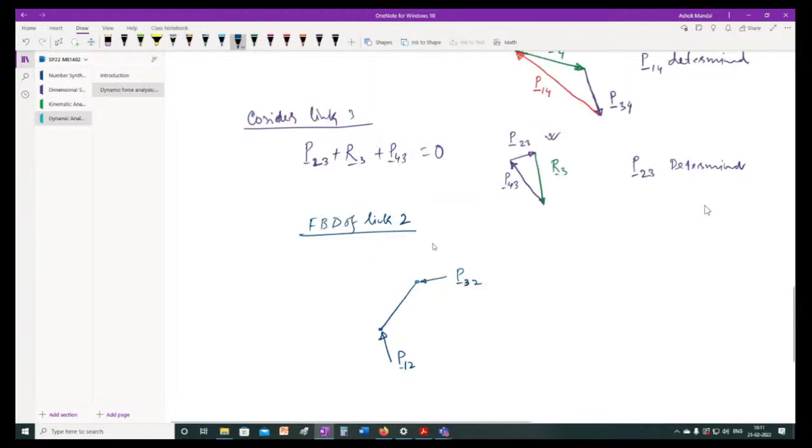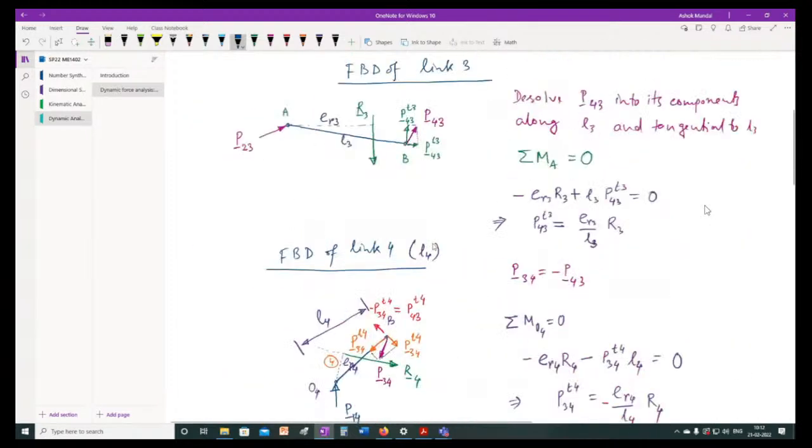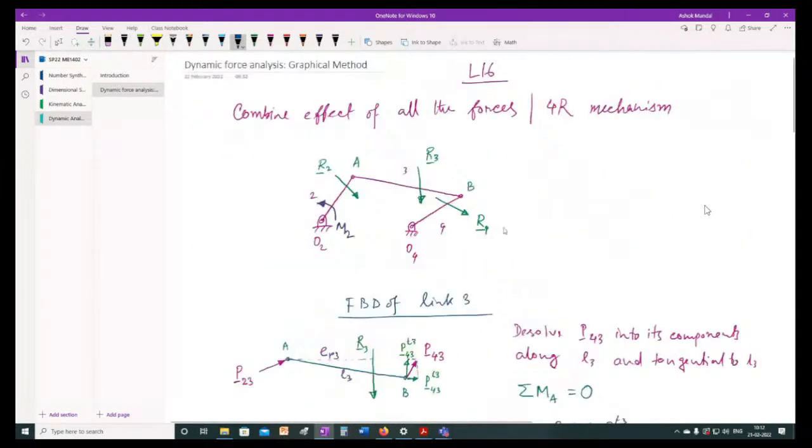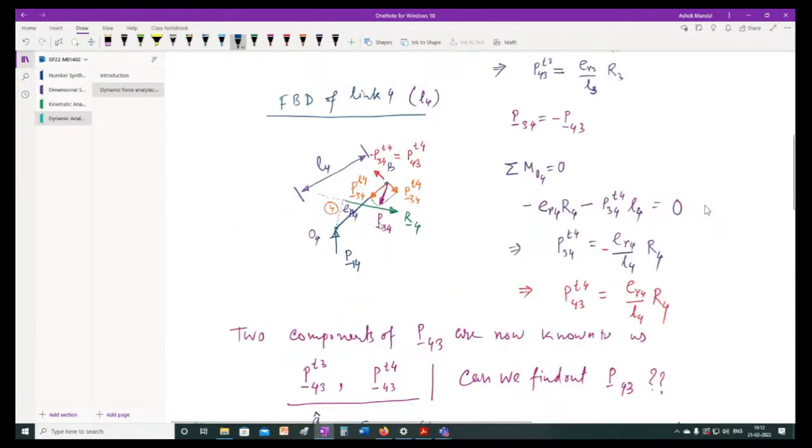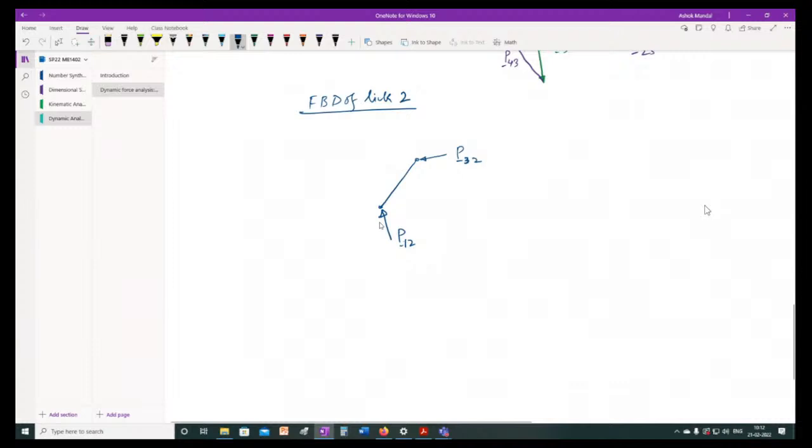And this link 2 is subjected to this force R2 and this moment M2. So suppose this is R2, and it is subjected to an external torque M2.